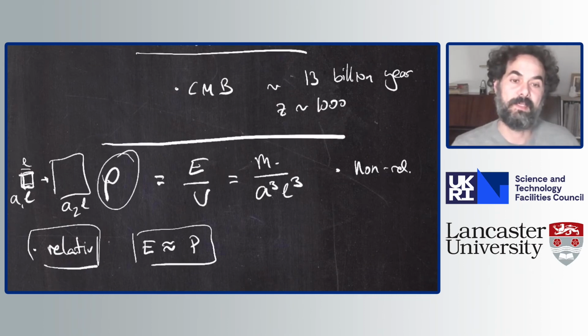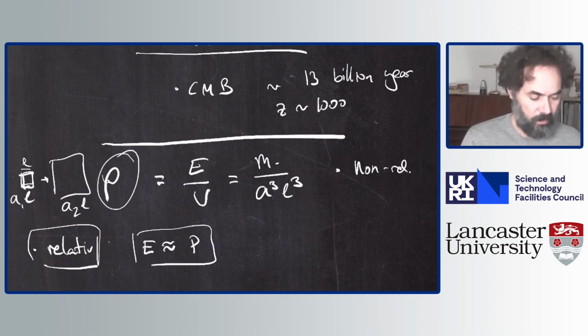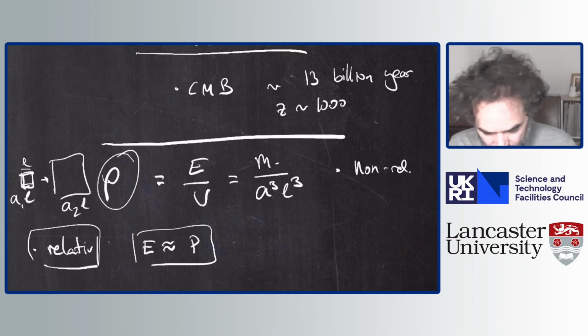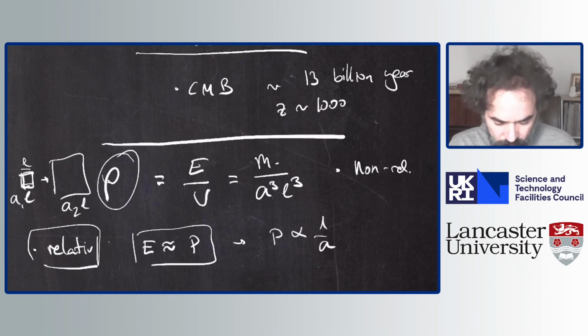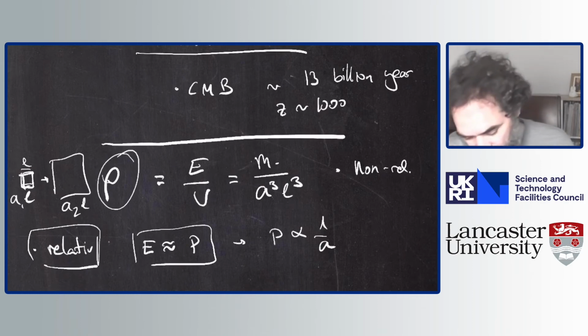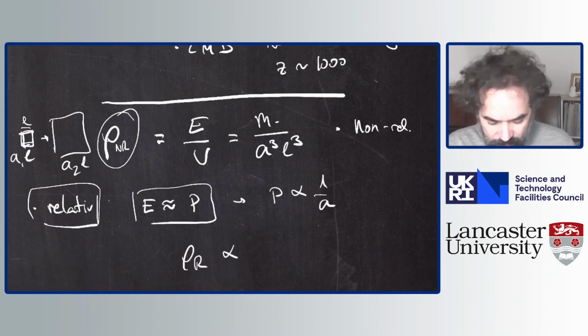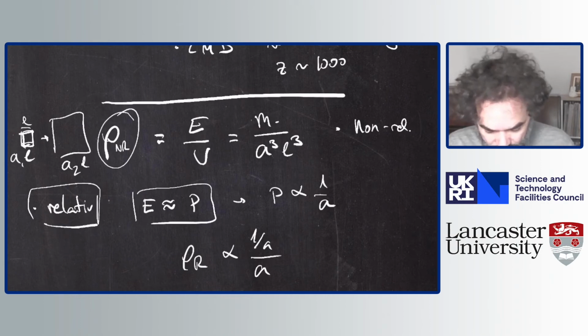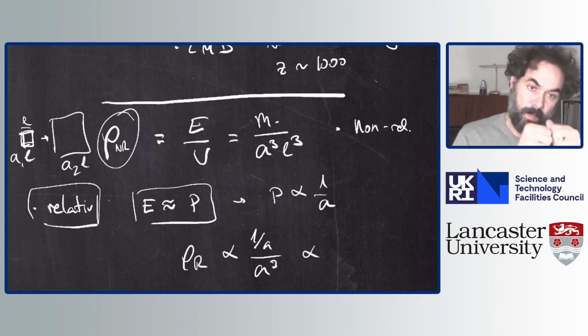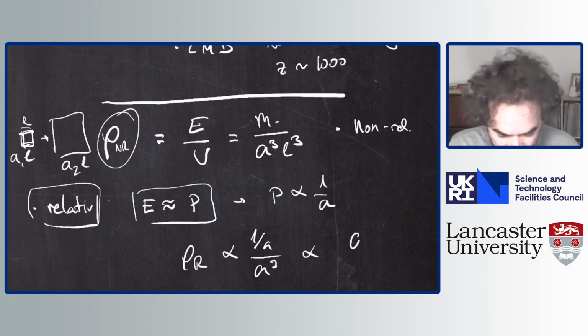This is an intuition that you can verify with more complicated algebra, but this is what happens. Indeed, P, the momentum, also evolves as 1 over A. So the energy density for relativistic species behaves as energy over volume, so 1 over A divided by A cubed. So it evolves as the universe expands as A to the minus 4.